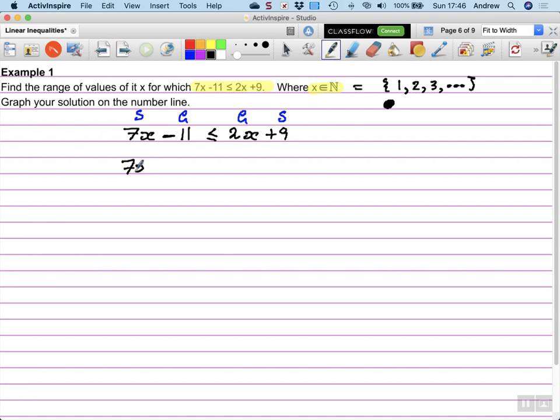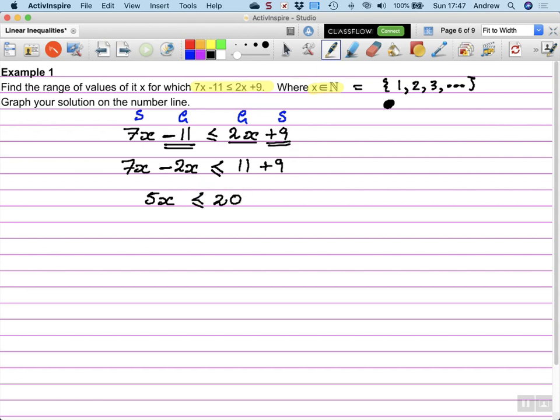So we've got 7x is staying, the 2x is going, so it comes over, becomes minus 2x, is less than or equal to, the minus 11 is going, so it becomes plus 11, the plus 9 is staying, so it stays as plus 9. 7 take 2 is 5, so it's 5x, is less than or equal to 20.